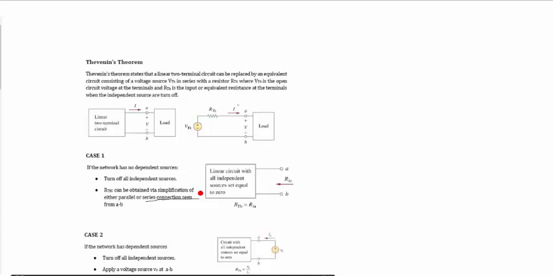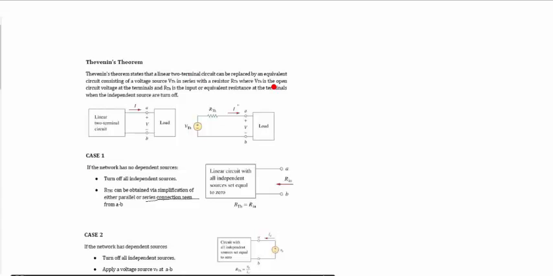The voltage source is known as VTH, the Thevenin voltage, and RTH is known as the Thevenin resistance. So you can have a big circuit and replace that whole circuit with only VTH and RTH.